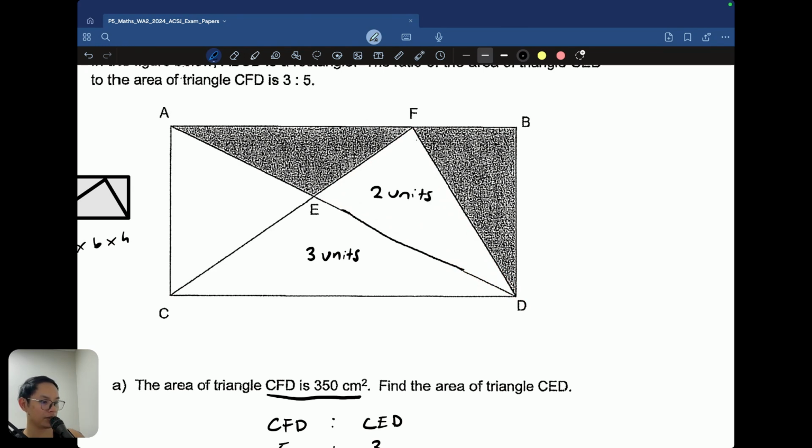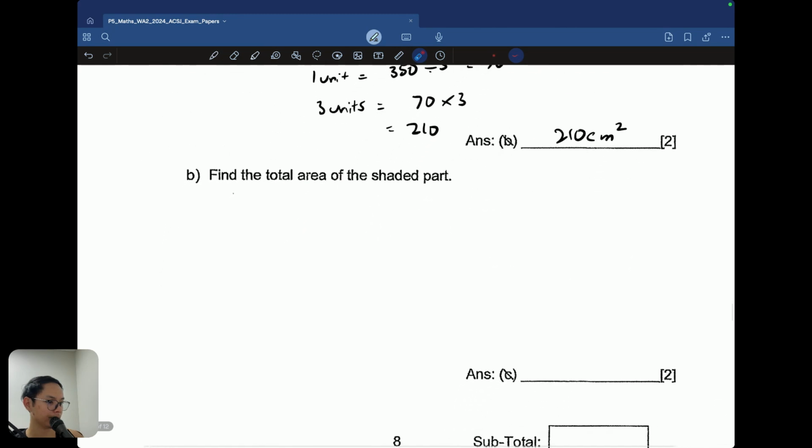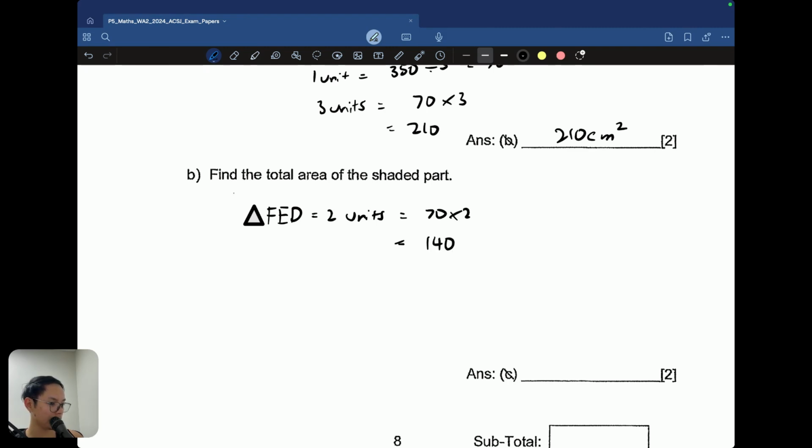So what we need to do is get the area of 2 units. In this case, this triangle FED is equal to 2 units, which is equal to 70 times 2, which is 140 centimeter square.